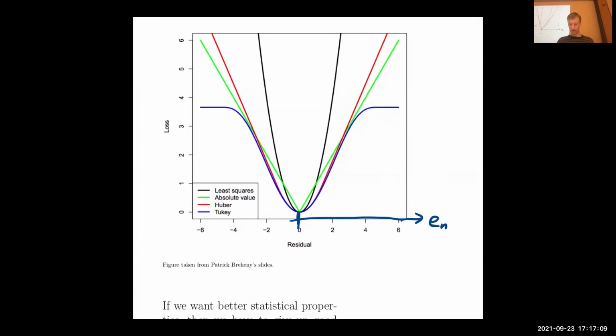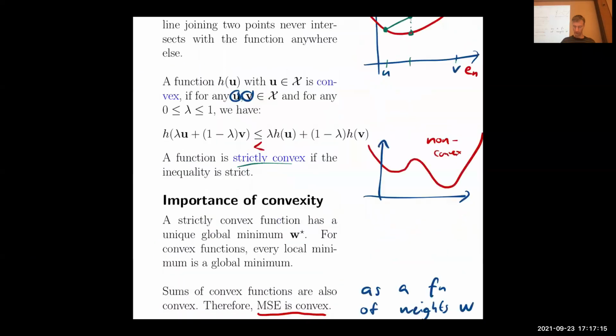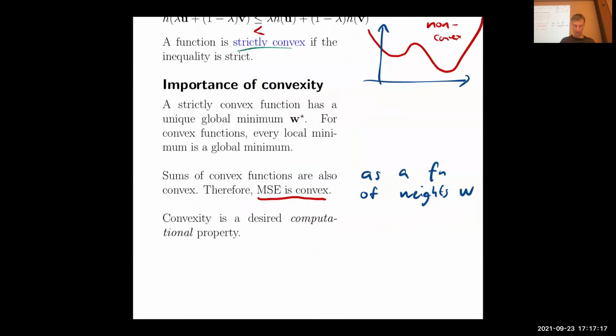Here we study the cost functions depending on the error. I also want to use this opportunity to come back and be very precise: we said MSE is convex. That statement is meant as a function of the error, where it's always convex.